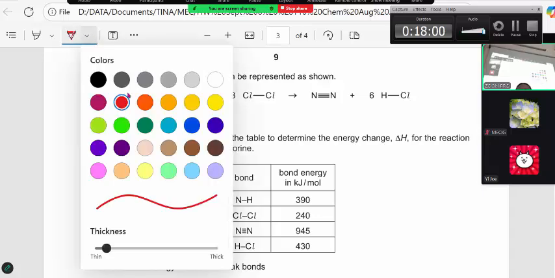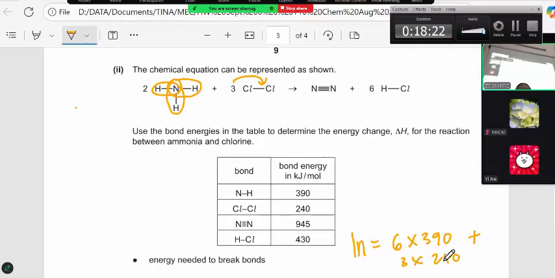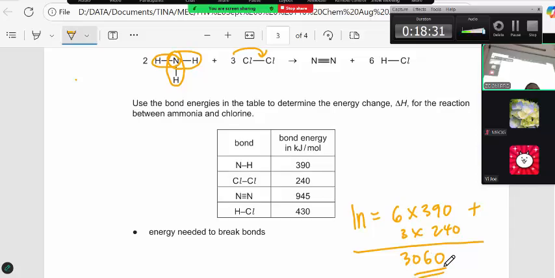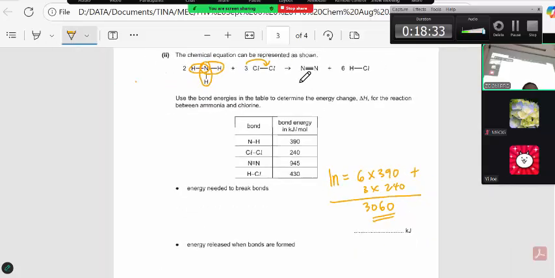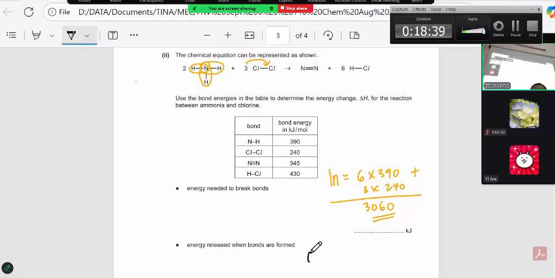So this one is energy in minus energy out. So in, you take this one, 1, 2, 3 times 2. So 6 times 390 plus, this one is 3 of this bond, 3 times 240. So what's your total? Please don't be the type of student who presses the calculator wrong.